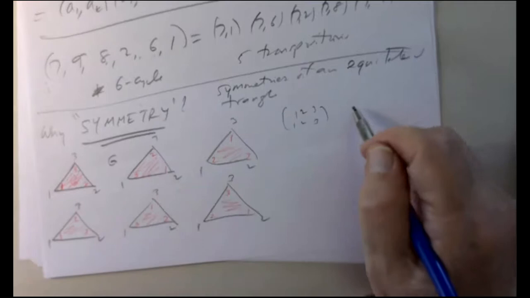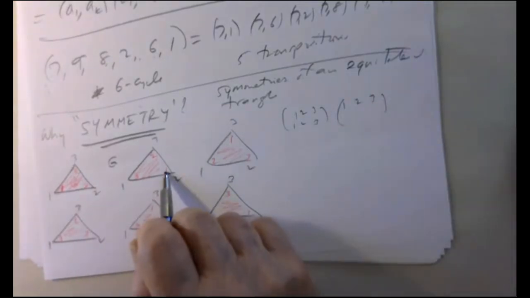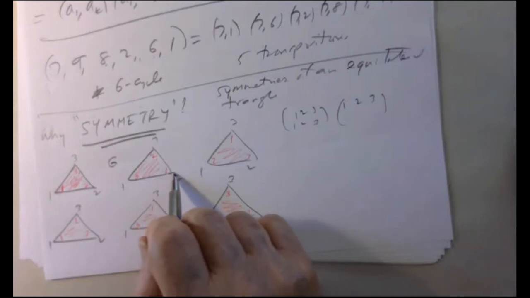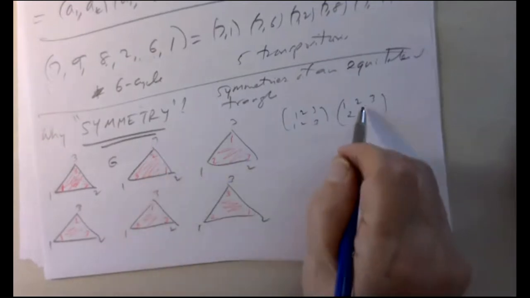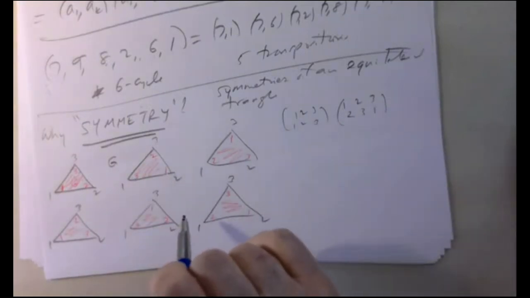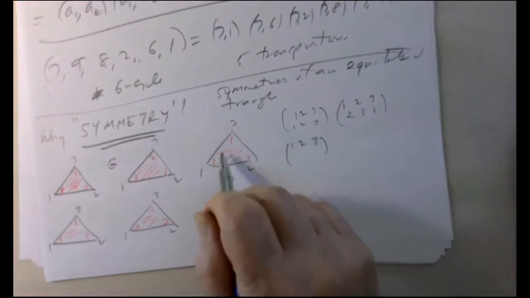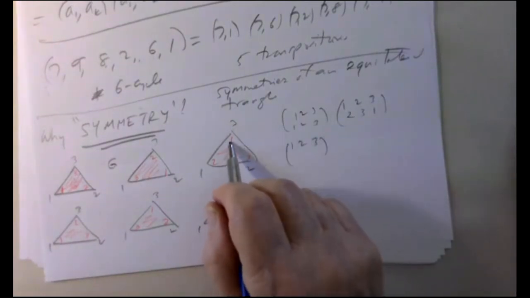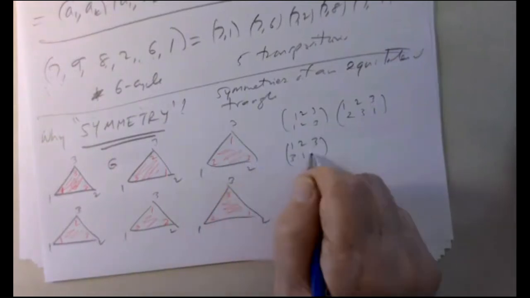In this symmetry, vertex 1 gets placed at position 2. Vertex 2 gets placed at position 3. Vertex 3 gets placed at position 1. In this symmetry, 1 gets put at position 3, 2 at position 1, and 3 at position 2.